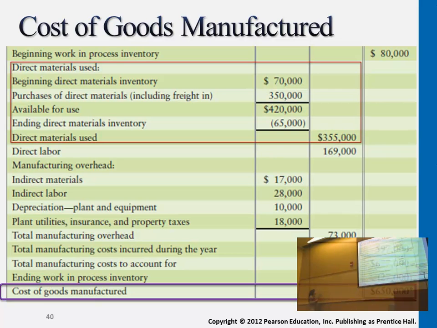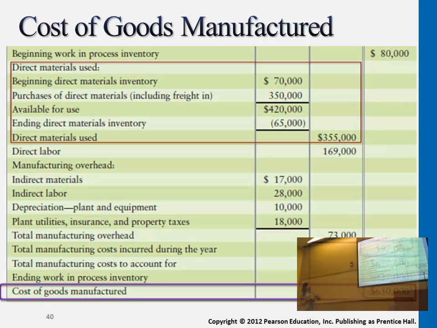Did we make new purchases? Yes, $350,000, already including freight. So we add those two numbers up, and we have $420,000 worth of materials to start the production line.